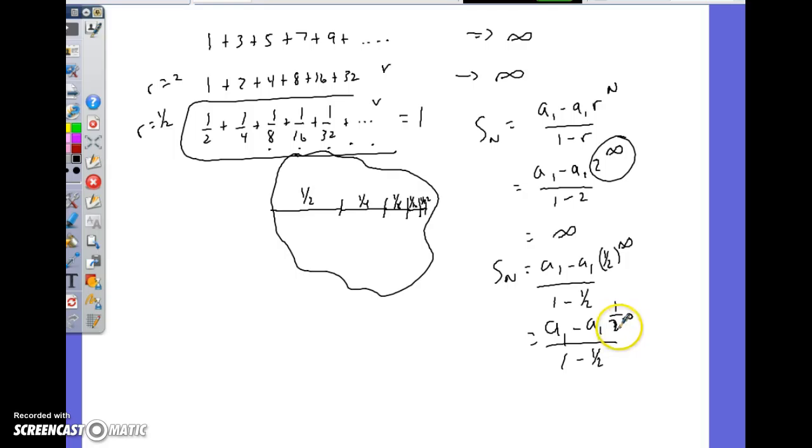That becomes 1 over a really big number, which is 0. This goes to 0 as I approach infinity. And if that becomes 0, then this whole thing becomes 0. And I end up with the sum being equal to a1 over 1 minus r.